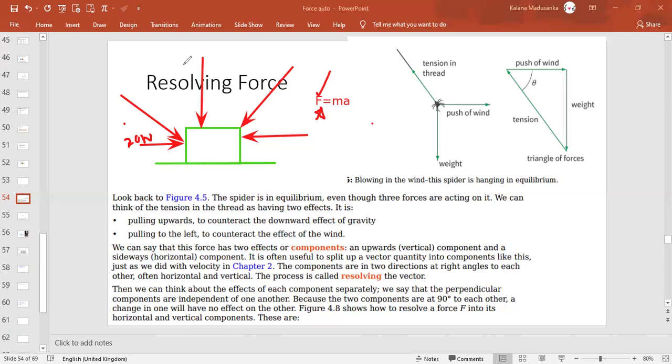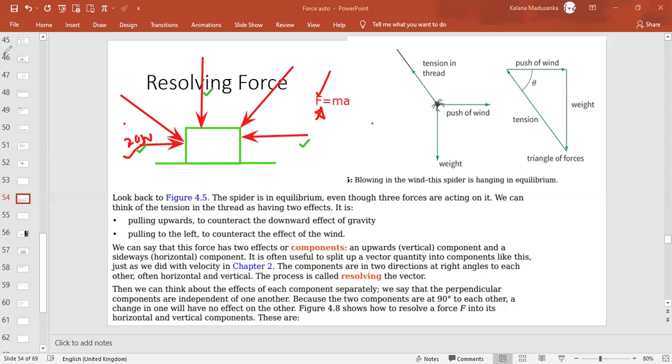And remember, these forces are actually coming with an angle, if it is not vertical or horizontal. Now this is a vertical one. This force is also horizontal. This is also horizontal. This is a vertical one. But there's a problem with the other two.